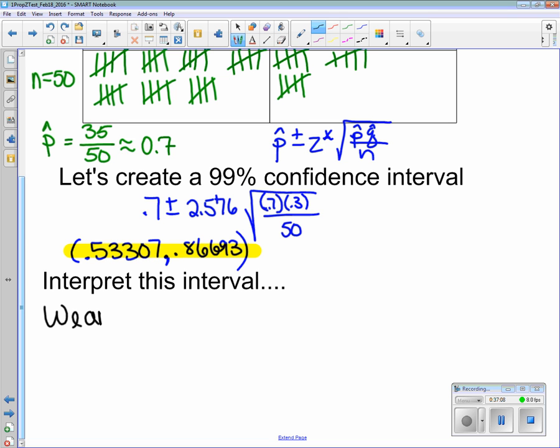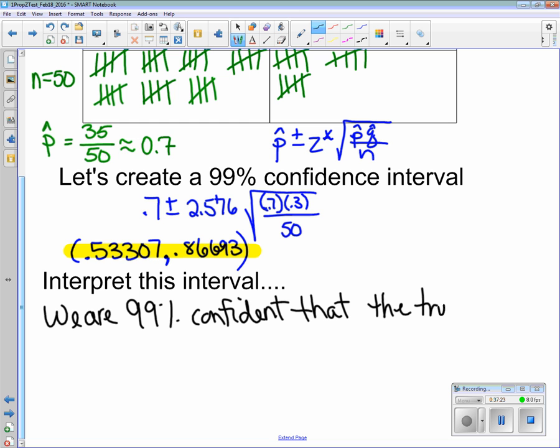So we should write it. You should be writing it too. We are 99% confident that, be careful with not just the proportion, but the true proportion of, now we're going to put our context, right?